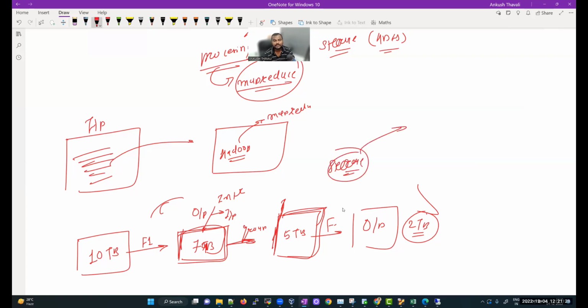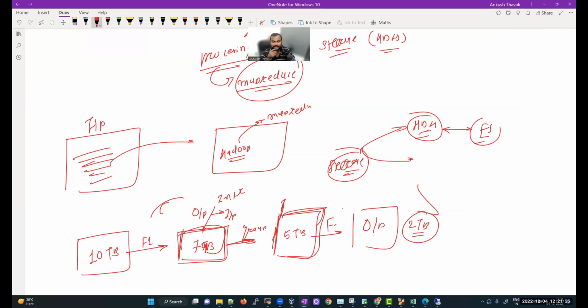In the storage, when they were doing the intermediate operation, the result needed to be written somewhere, and that we are writing at the HDFS level. You can consider HDFS like your normal file system, like NTFS, C drive, D drive, just for the understanding.